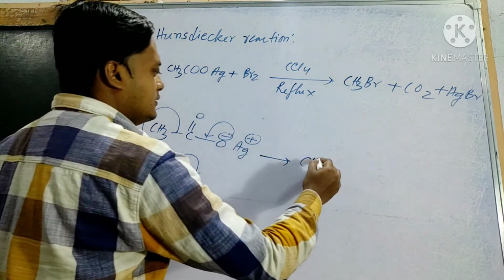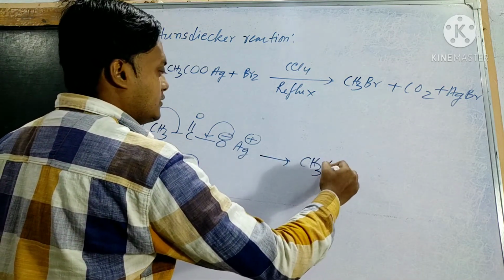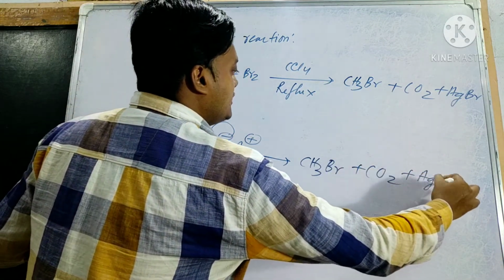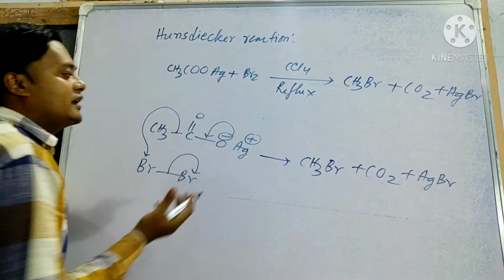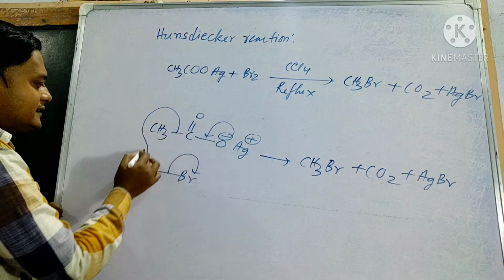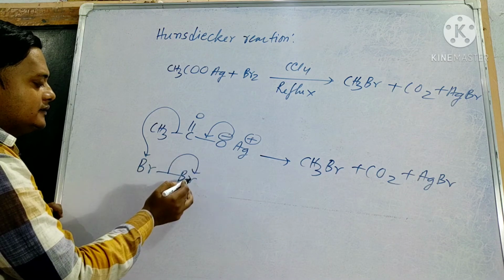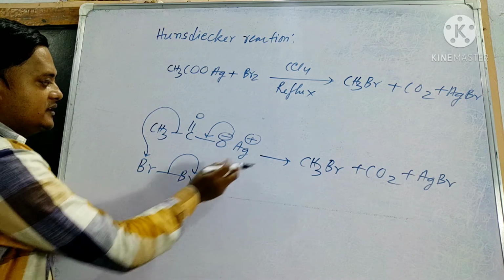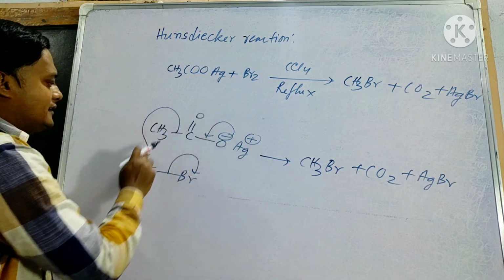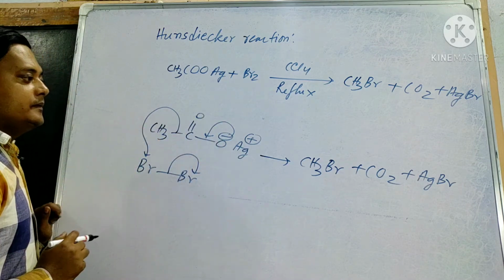Okay, if you remember the reaction mechanism, you do not have to memorize the reaction. This bond moves here, this bond attacks the bromine, and it releases Br minus, Ag plus forms AgBr, this part is CO2, and that is CH3Br.